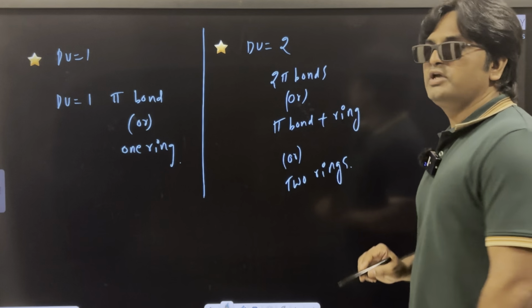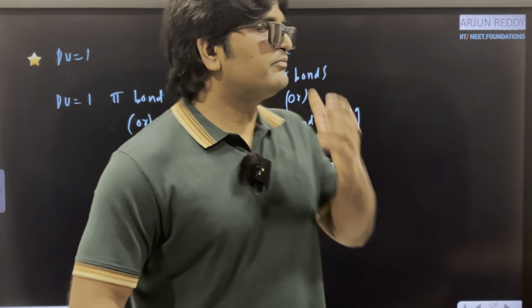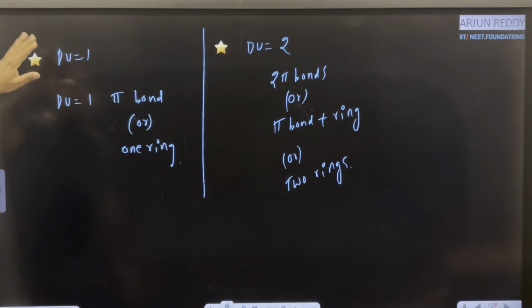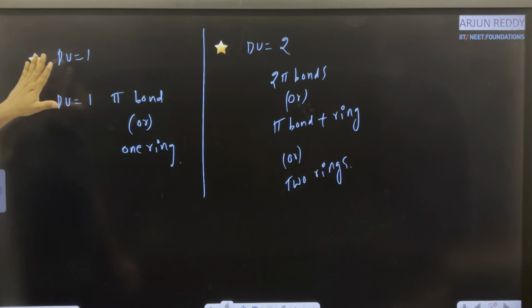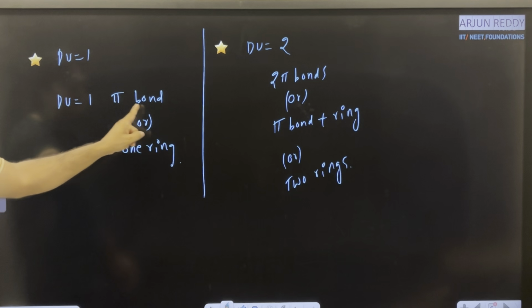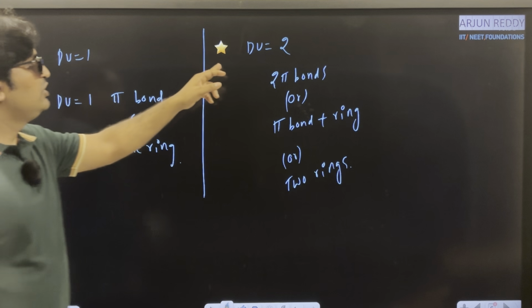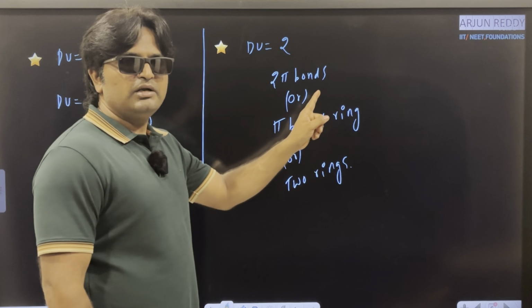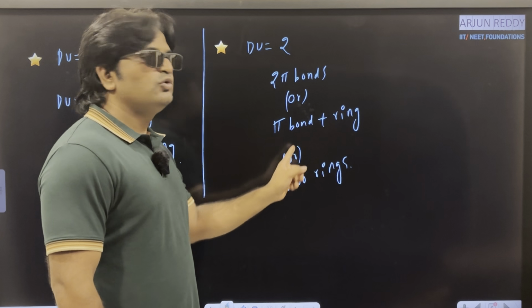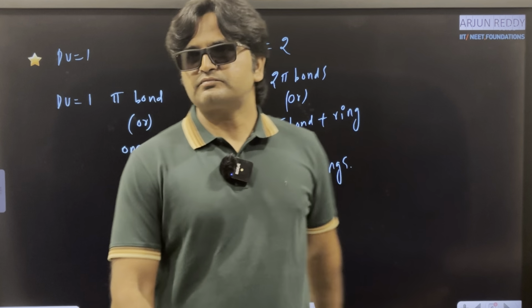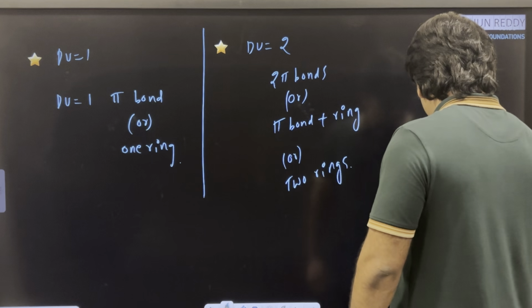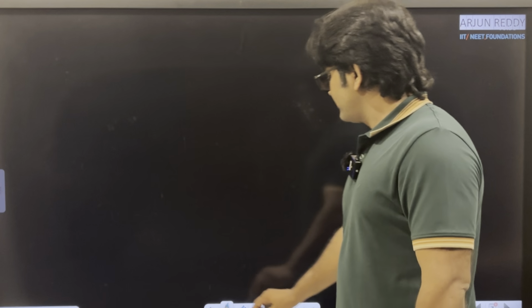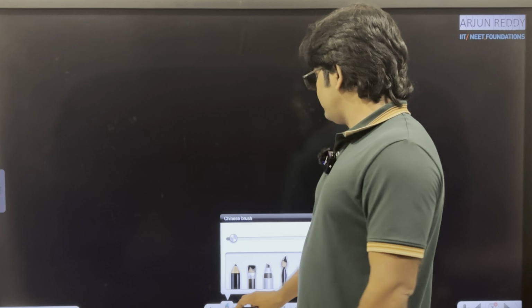Remember these points. So that is the way of expressing the degree of unsaturation. What is the meaning of DU 1? That may be a pi bond or 1 ring. DU equals 2 means 2 pi bonds, or 1 pi bond plus 1 ring, or 2 rings. For any type of compound given, how are we calculating degree of unsaturation?